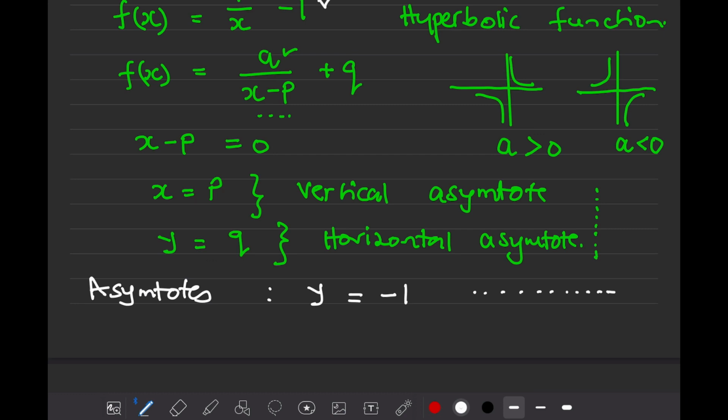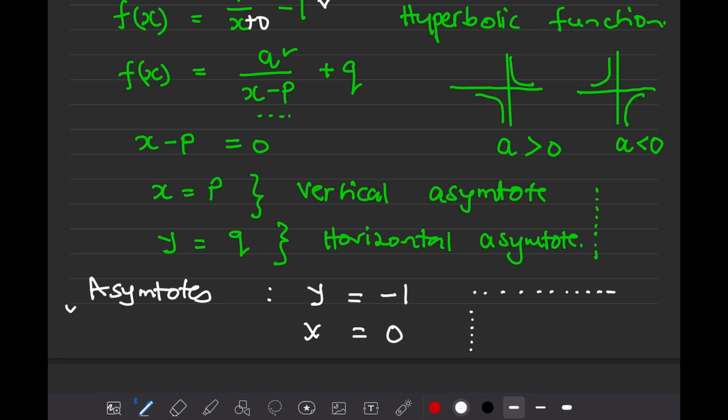What about the x asymptote? So now at x, it's like we can have here a plus 0, right? But we do not normally write it. So x is equals to 0. This is your vertical asymptote.